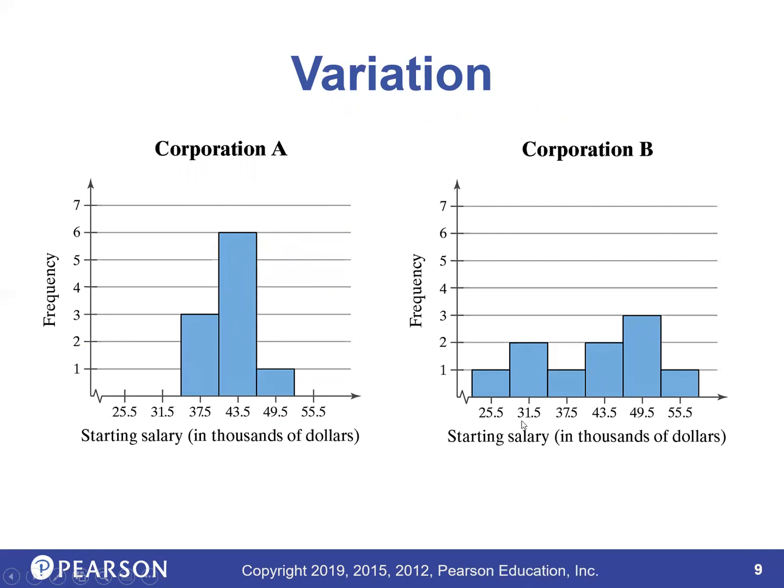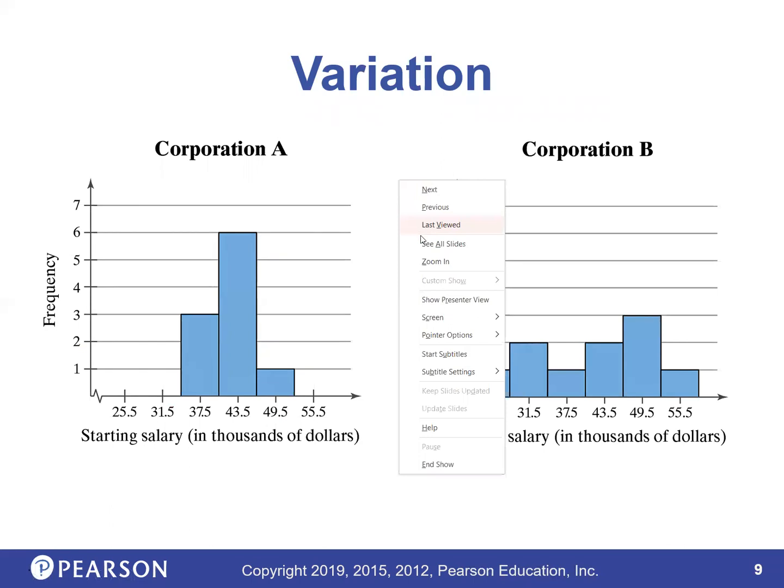Mode would be a little different, that's about it. But which one has more spread? A lot more spread in corporation B. In corporation A, everybody's kind of almost on the same salary scale. So that's what we're trying to figure out: can we get a number to this? Can we give a number that we can think about? And that's what the standard deviation is.